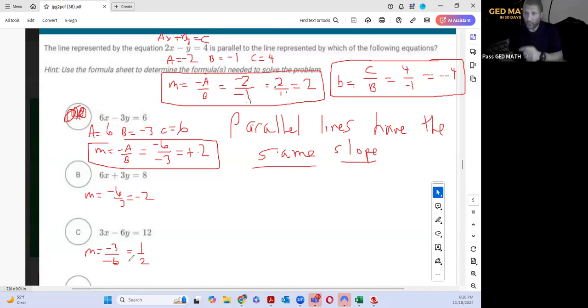You'll be able to do this problem in less than 30 seconds. Okay? So that was an easy problem. A, that one is parallel.